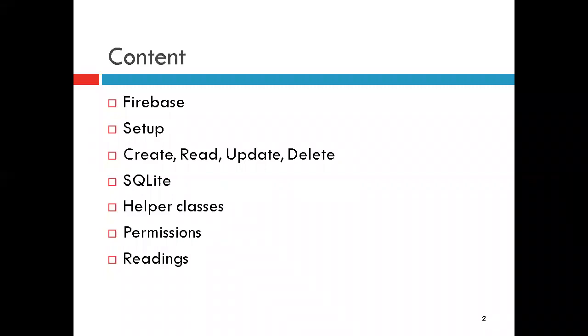It probably takes, I think it's 4 or 5 clicks to set up, and you can start putting data into a NoSQL database. You can also just put information into a file. You can construct a file and save that into the file system on your mobile device.